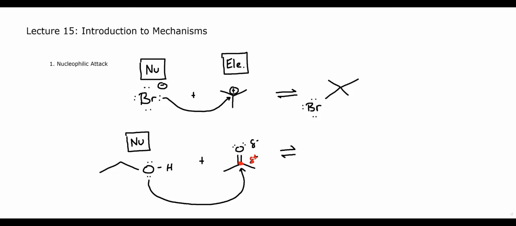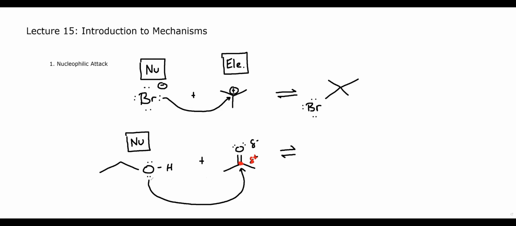In this case, this partially positive carbonyl carbon. Now, it's not a full positive, it's not a carbocation like it was before, but you should be very familiar with the fact that carbonyls have a partially positive carbon at the base, and this is a very good electrophile. So this can make bonds to nucleophiles very easily.